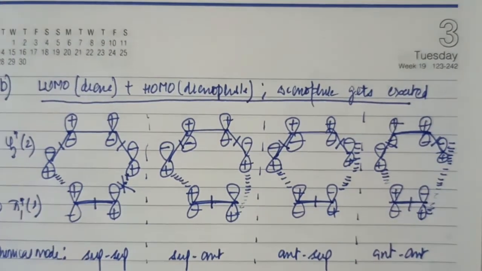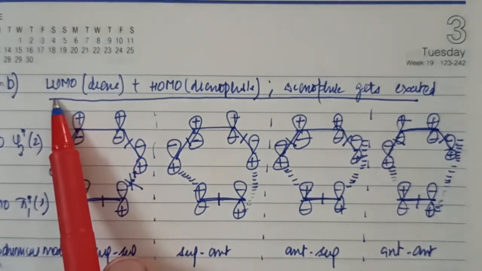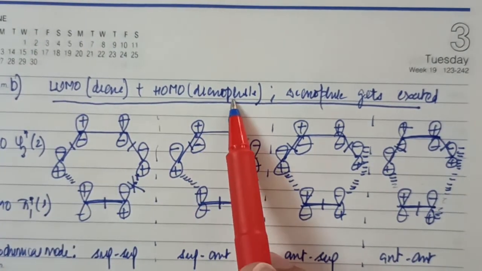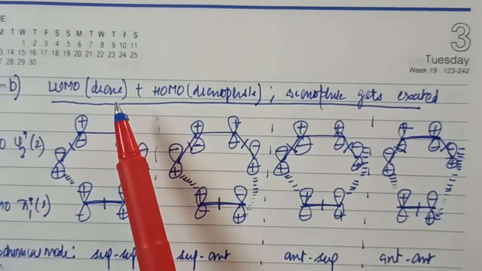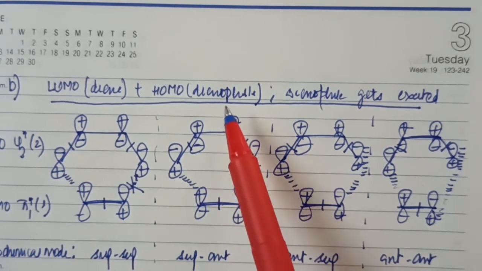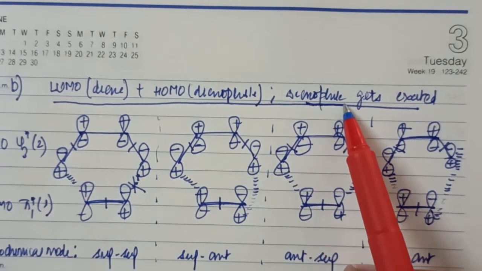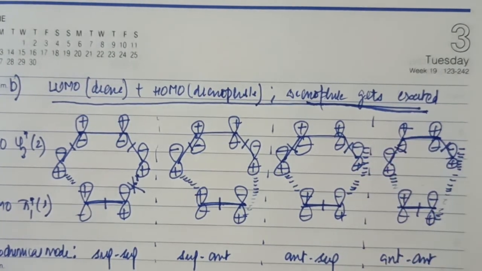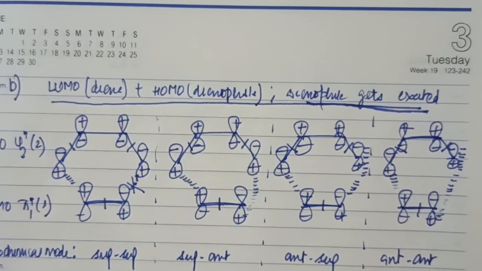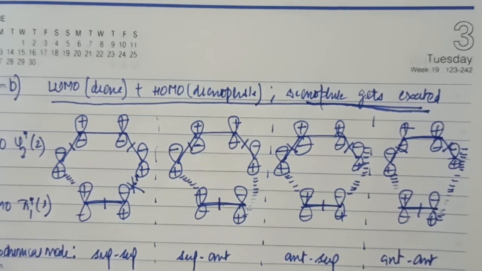If you consider the second possibility, where we take the LUMO of the diene and HOMO of the dienophile, of course, we have to take the HOMO of that component which got excited. Therefore, in this particular case, it is the dienophile which gets excited. If the dienophile got excited, two electrons were there in pi1, and pi2 star was empty.